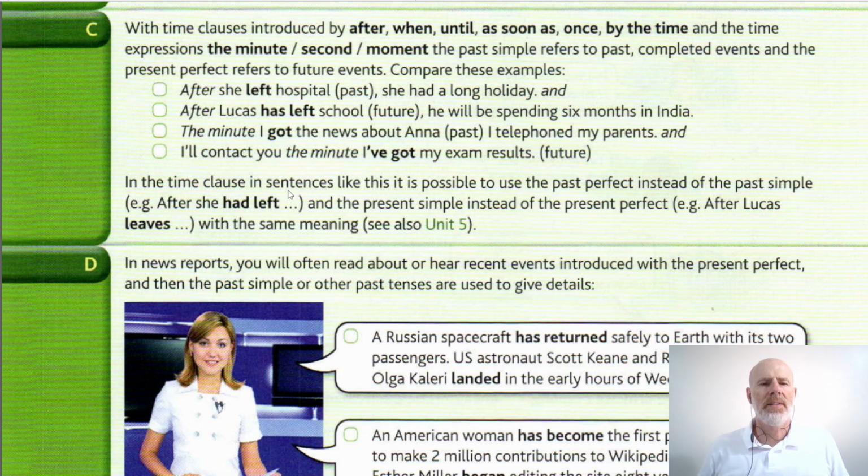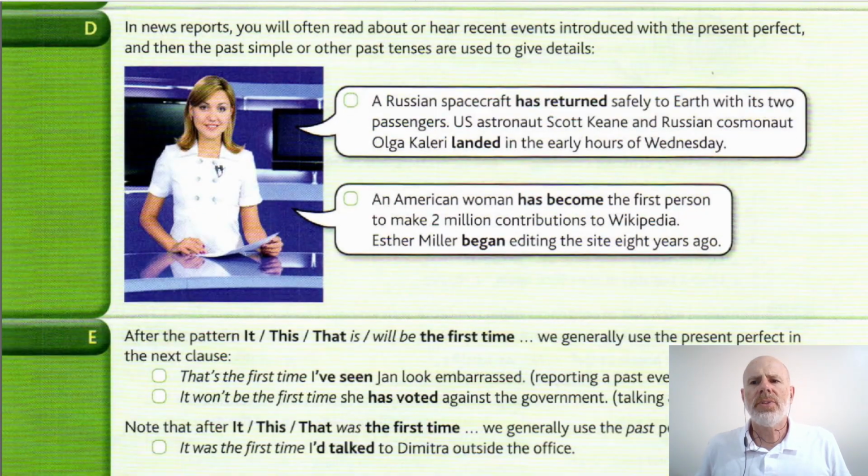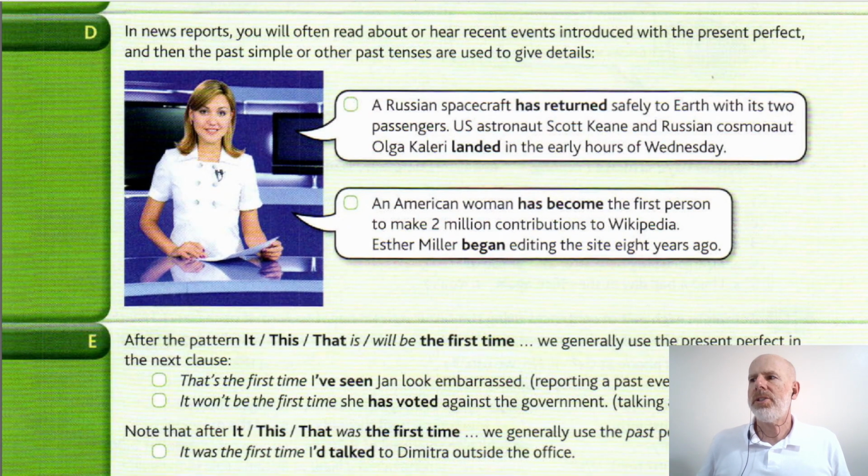Very interesting. And what about news reports? It seems that there are some interesting uses of English in news reports. Let's see one here. In news reports, you will often read about or hear recent news introduced by the present perfect.